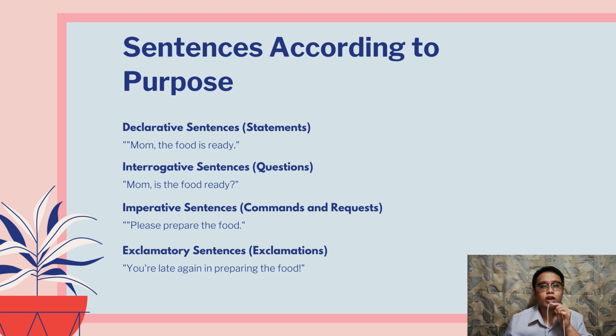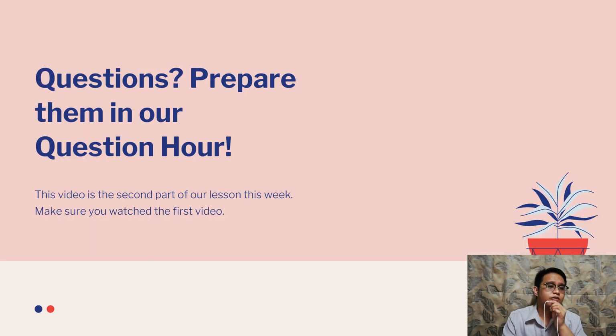So, don't get confused if the exclamatory sentence has two formats. Don't worry, I will be explaining it to you more tomorrow in our question hour. So if there are concepts that are not so clear for you, please make sure to ask them in our question hour. Prepare them so that when we start our question hour, you can just ask your questions right away.